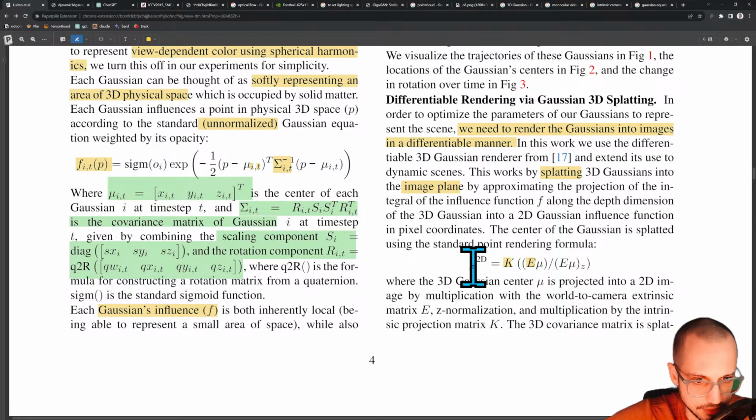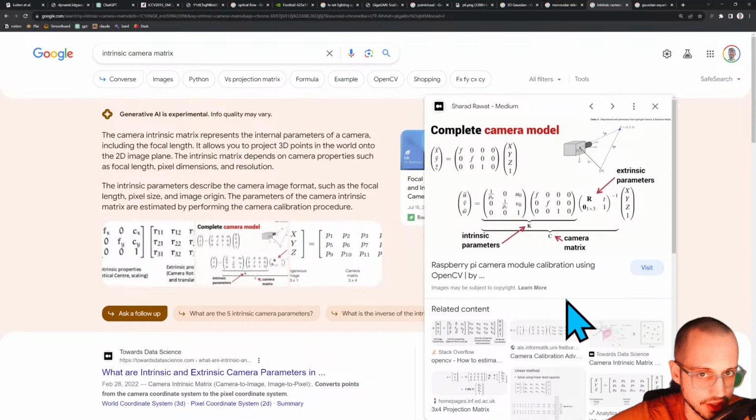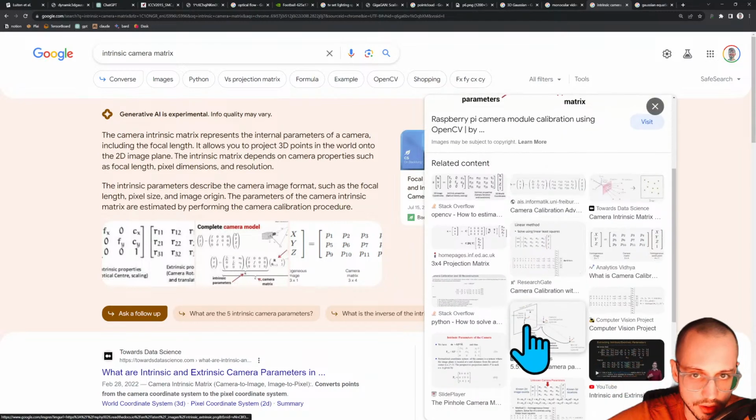Okay. And that gives you the center of that 3D Gaussian, but in 2D. So we've basically taken that 3D Gaussian and projected it into 2D. Let's see if we go here. You see this intrinsic camera matrix? See how it's 3x4?